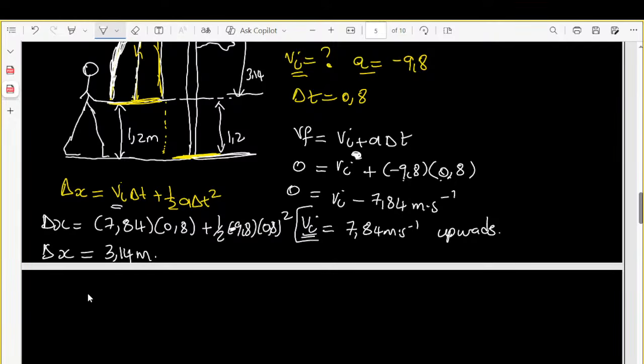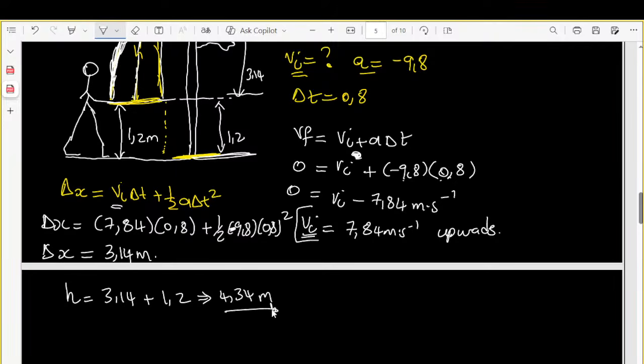So to find h, the height of the flag, is equal to 3.14. We're going to add this to, what are we adding this to? That 1.2. So the answer that you get is the height, which is 4.34 meters.